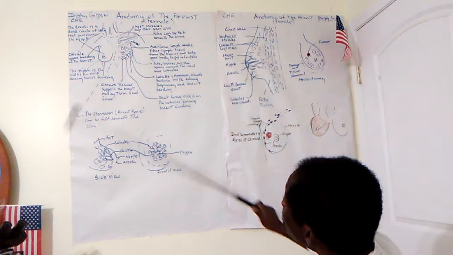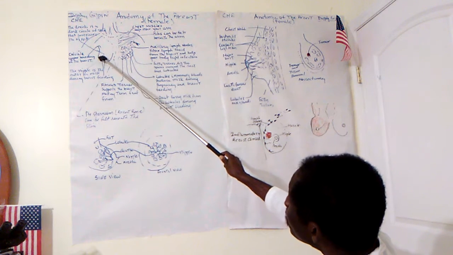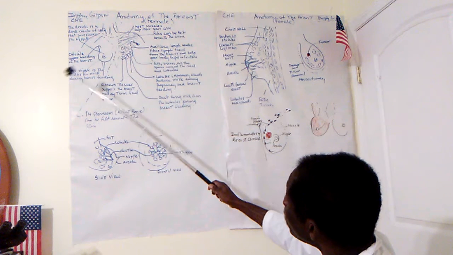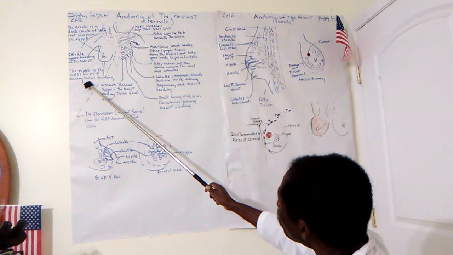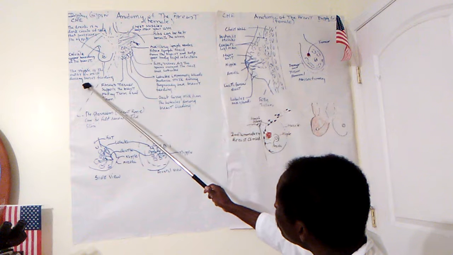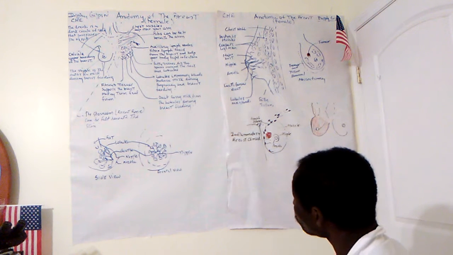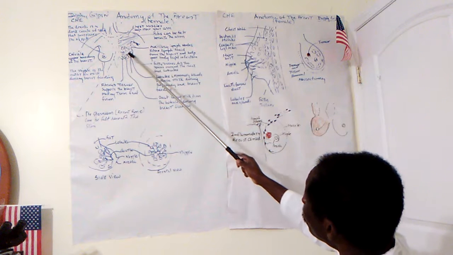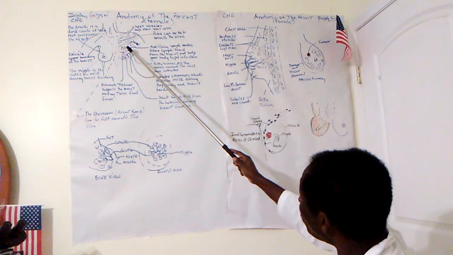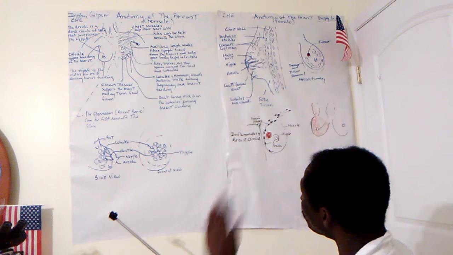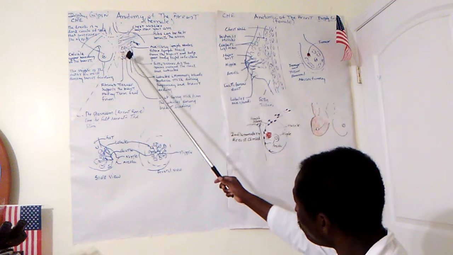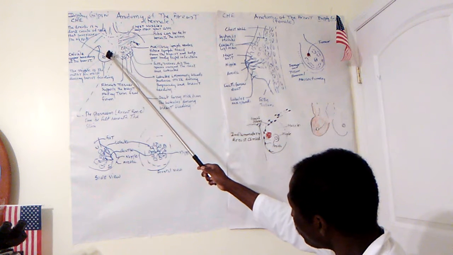Then we have now the nipple of the breast would be right here, and the nipple is the outlet from where the milk comes from during breastfeeding. And you have the right breast, where sometimes the left, in my view, would be right and the right the left.